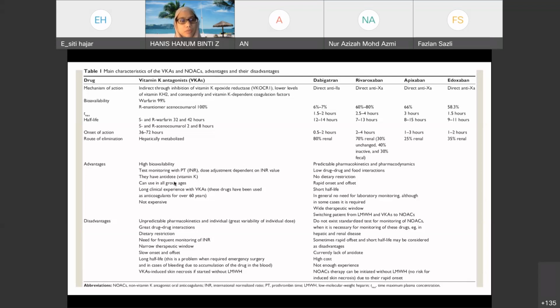That's the antidote for warfarin. Whereas kalau dia datang with a very severe bleed, for example, hemorrhagic bleed in the brain, kalau dia on NOAC, kita tak ada antidote. Hanya ada antidote sekarang ni untuk dabigatran saja. Okay, kalau dia on other NOAC, we just give supportive therapy lah. That's one disadvantage.